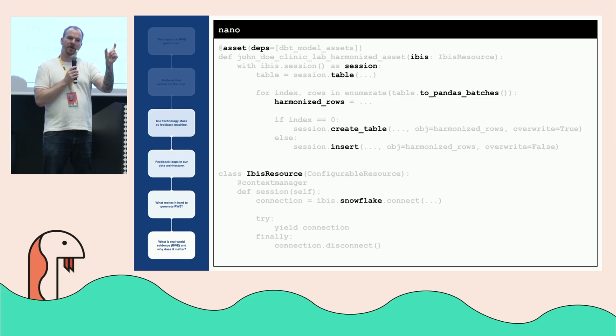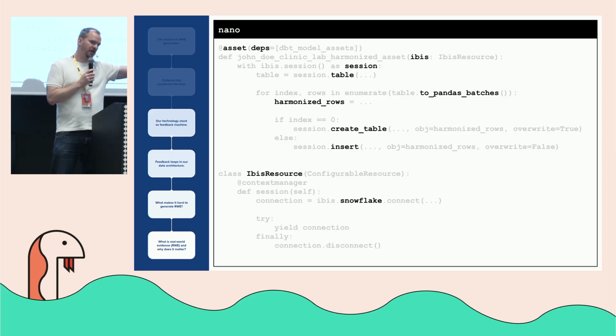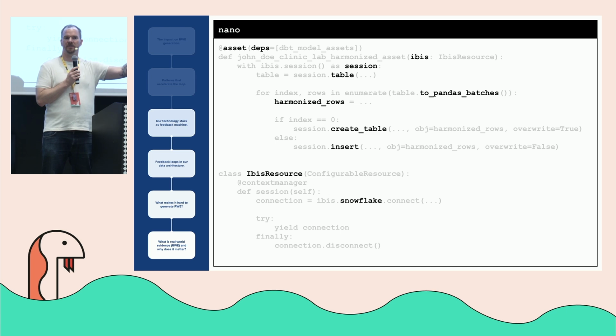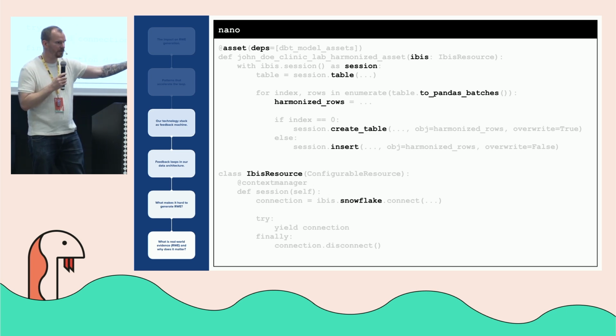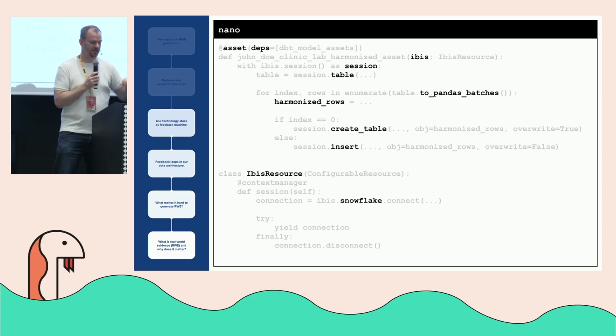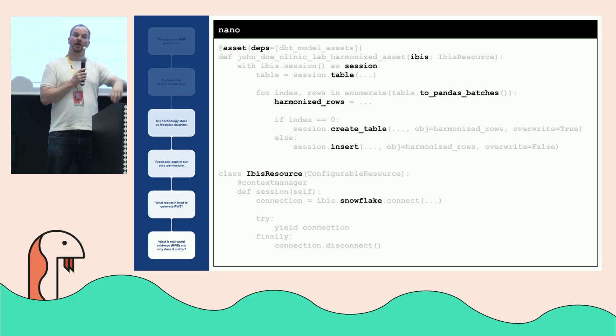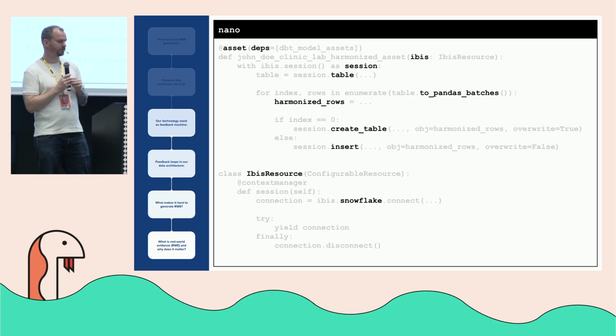And then each batch we hand off to an NLP task. In that case, this is an NLP task that harmonizes the data, standardizes the drug names and the test results and things like that. And the harmonized rows we write back to Snowflake with the create table or insert statements.